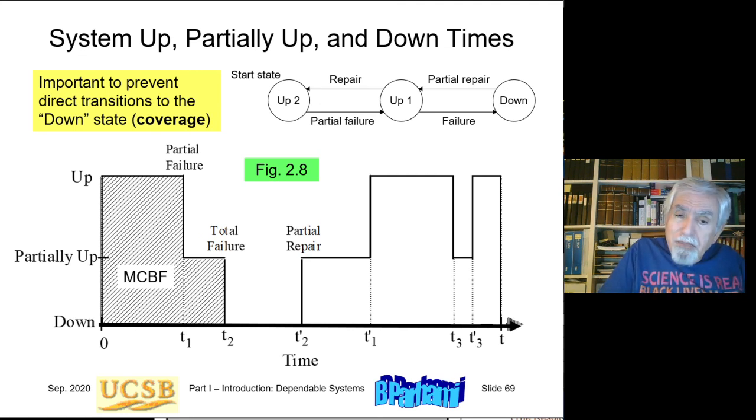Here, because we distinguish the behavior of the system in this high performance state versus low performance state, it is the area under this curve that is important to us. How much computation does the system perform before it fails? That's called mean computation between failures, on average.